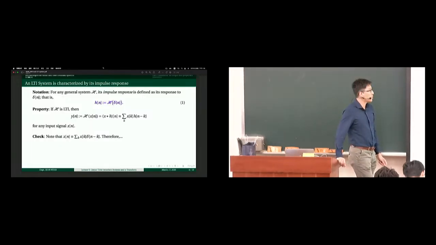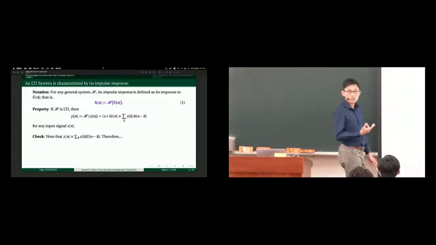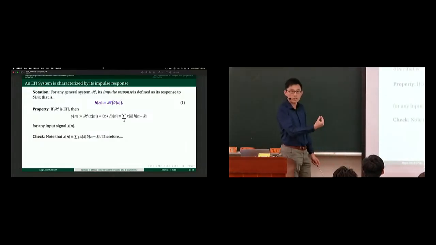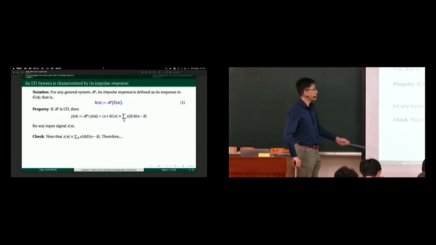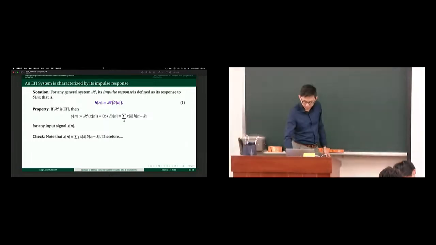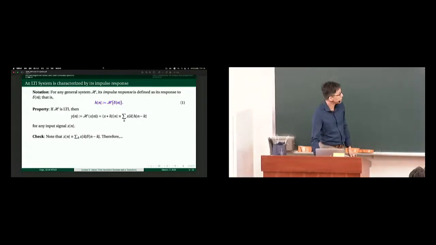We'll be using difference equations to define LTI systems, with input on the right, output on the left. All you need to know about a system like that is the impulse response if the system is LTI. We'll see a few examples today. So far, so good?